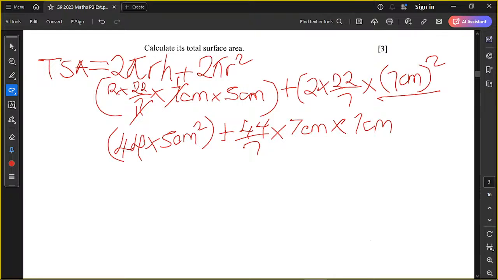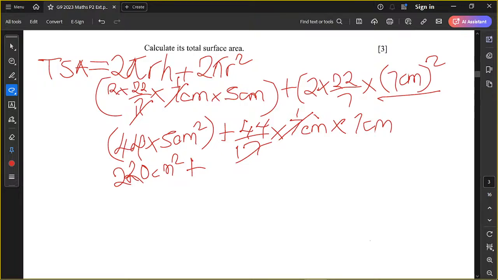That means this 7 and this 7 will cancel each other out, leaving us with 1 here and 1 down there. 1 into 44 will give us 44. So we multiply 44 times 5 centimeter squared, which will give us 220 centimeter squared, then plus 220 centimeter squared.